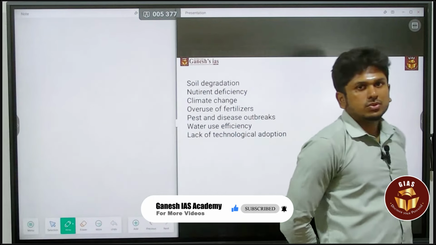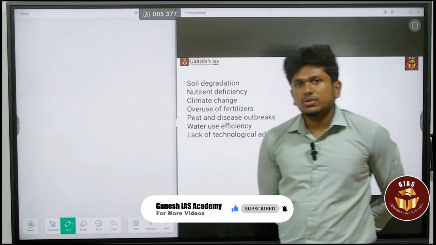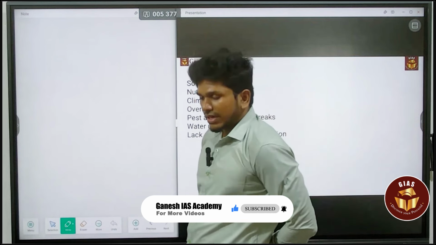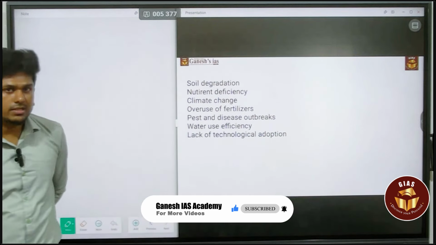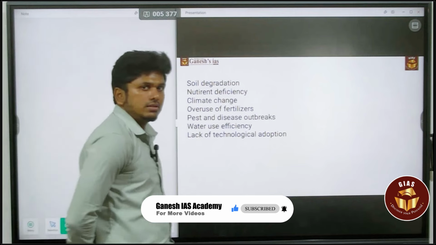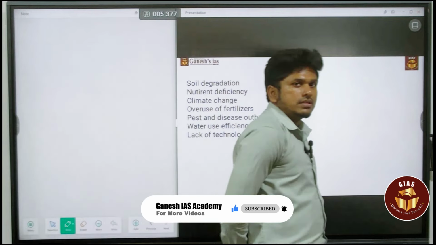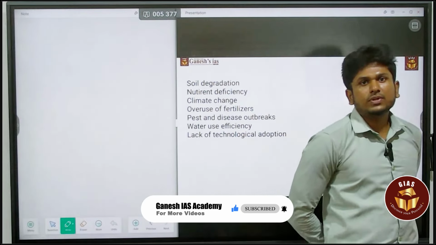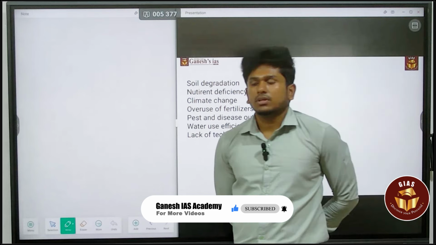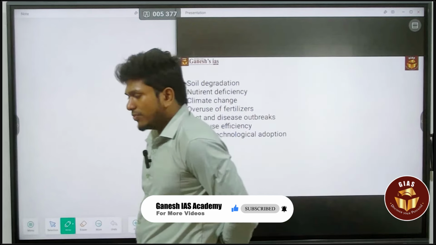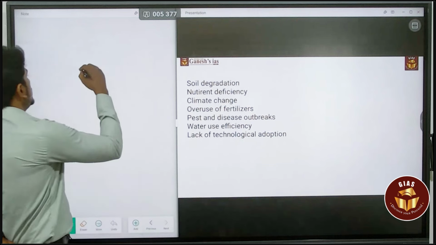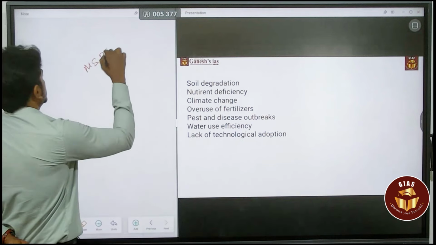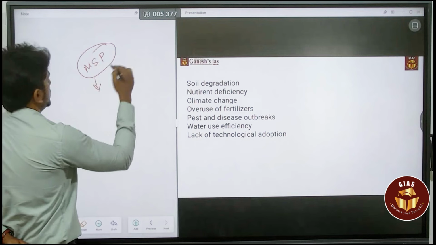So that leads to continuous cultivation of rice and wheat in their fields, which leads to soil degradation and nutrient deficiency. All these things lead to the reduction in yield. So before speaking anything, you have to find the main reason, the main culprit. Here the issue is with the MSP, the government policy.